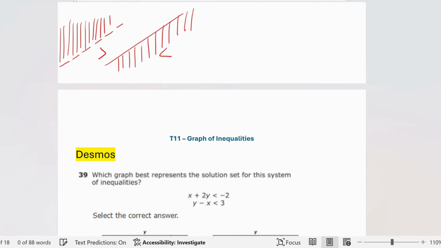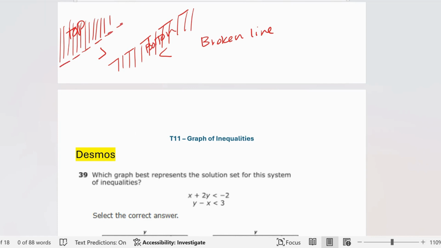So what is this telling us? If it's greater than or less than, these are a broken line. Think about that. Greater than and less than: shaded on top, shaded at the bottom, but their lines are broken or dotted lines.